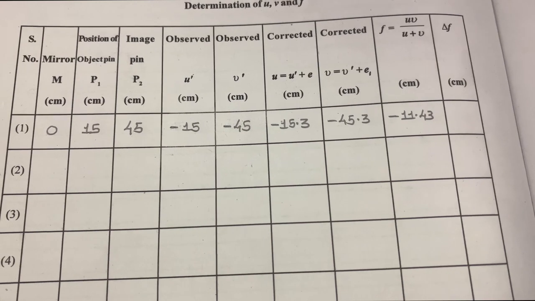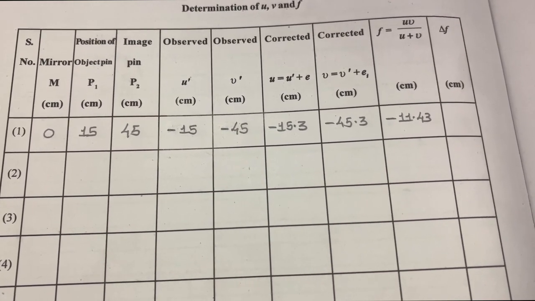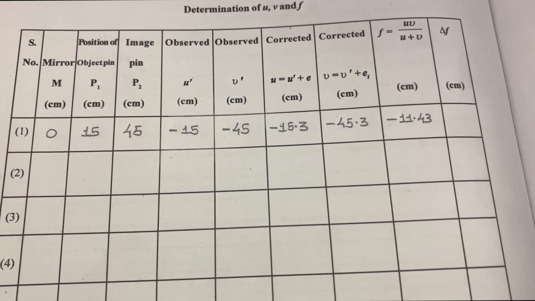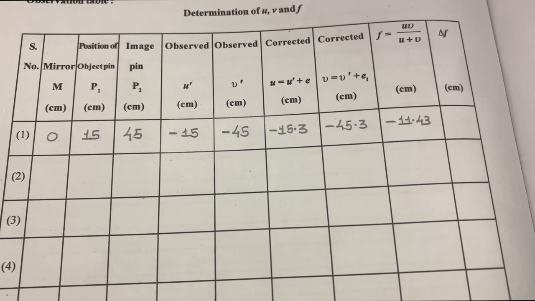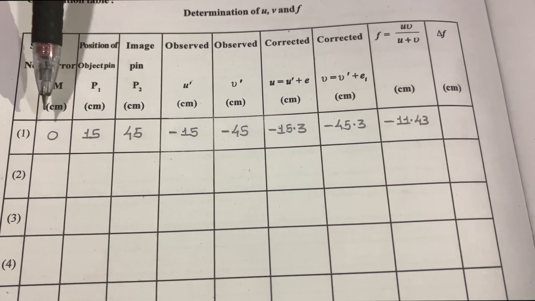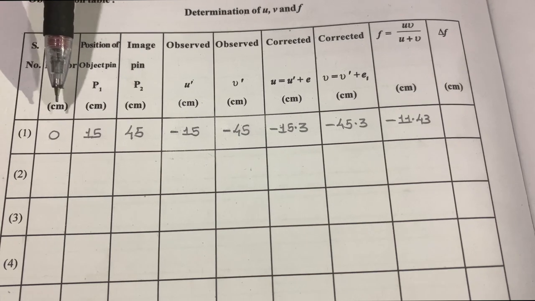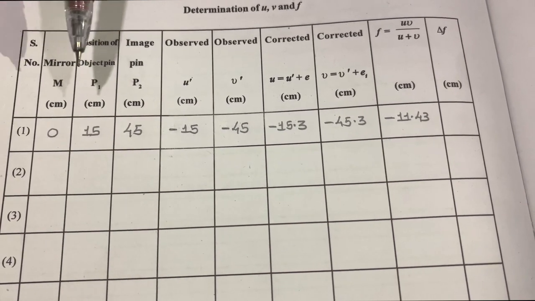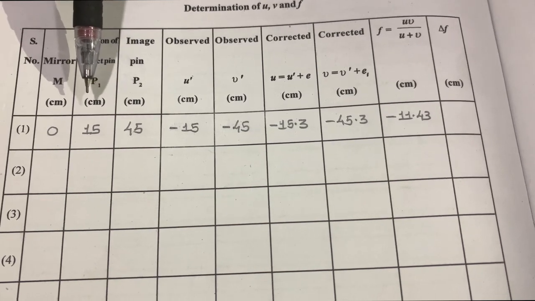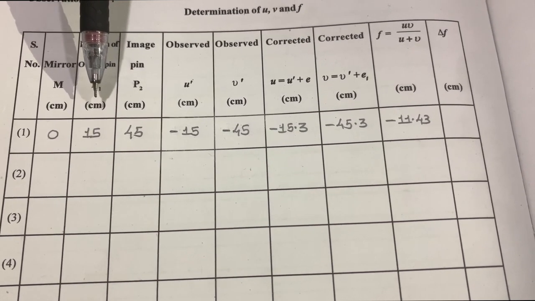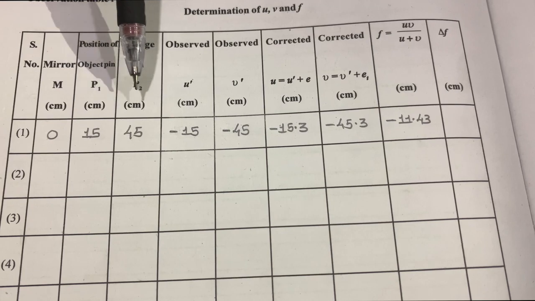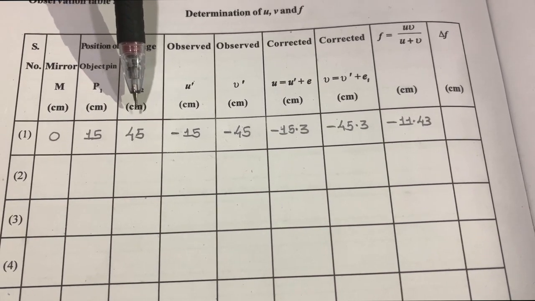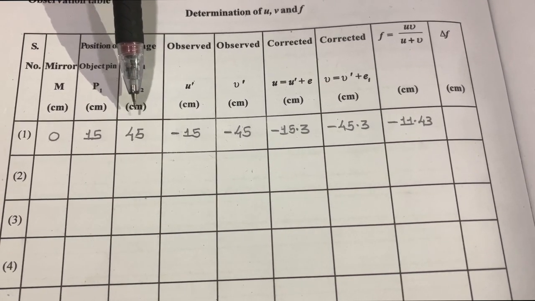Now for example, we will take one observation and will carry out the calculations. Say, position of the mirror, that we have to consider the reference position, so it is 0. Now the object pin is placed at 15 centimeter, and corresponding to it we get the image distance, that is 45 centimeter.